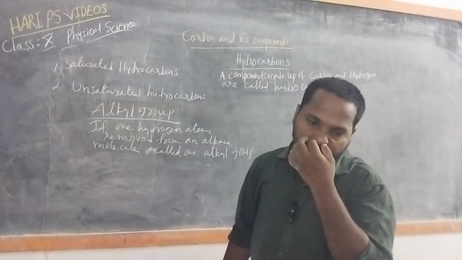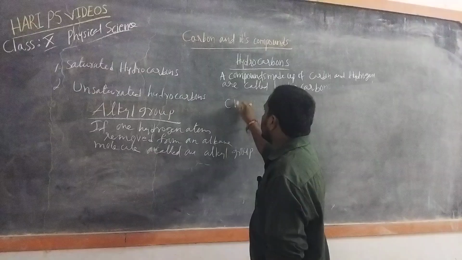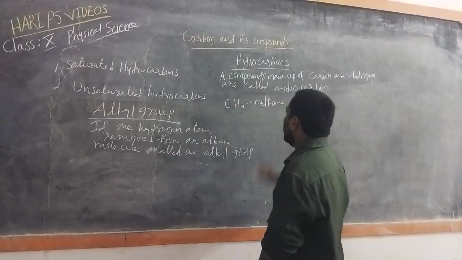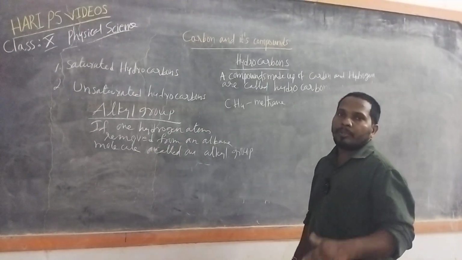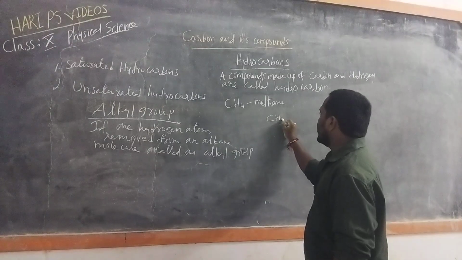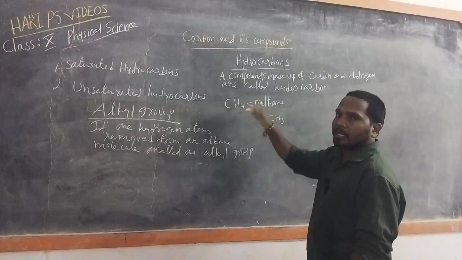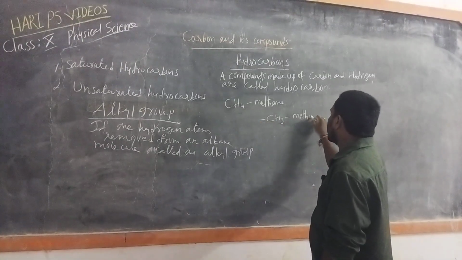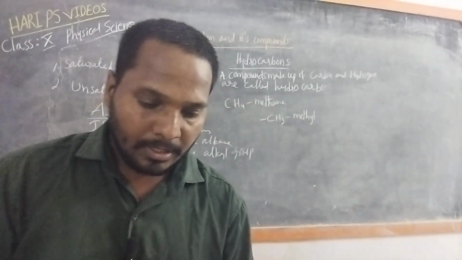For example, CH4 is methane, an alkane. From this, if we remove one hydrogen, it becomes CH3, with one bond free for another atom. This is called methyl group, CH3.